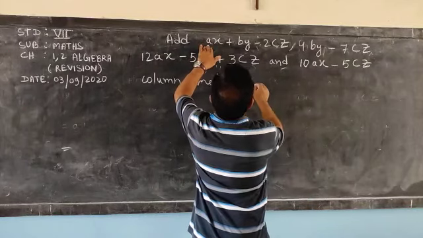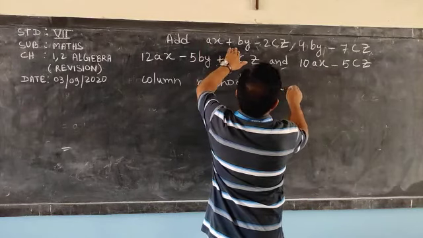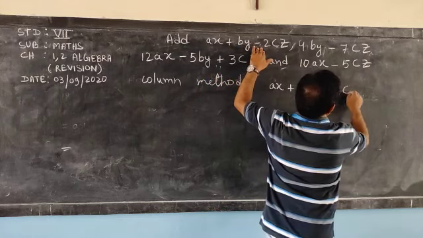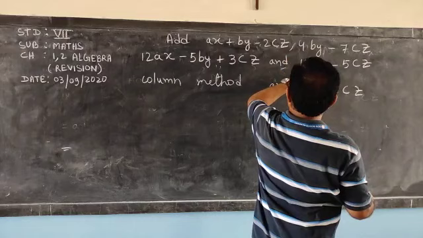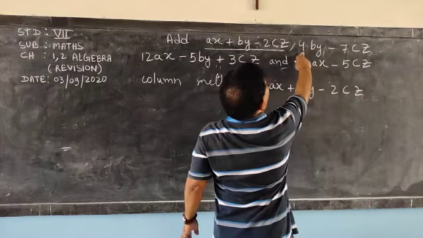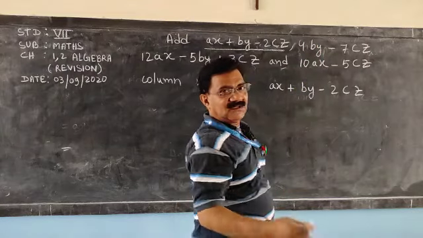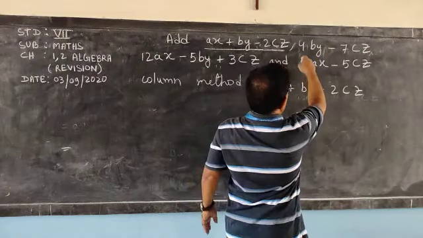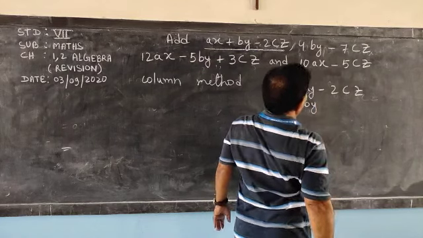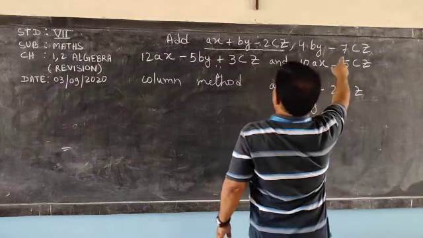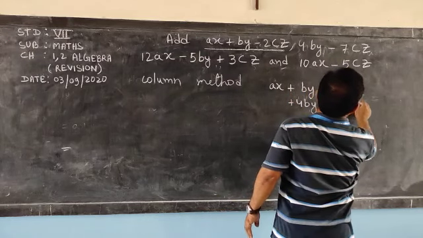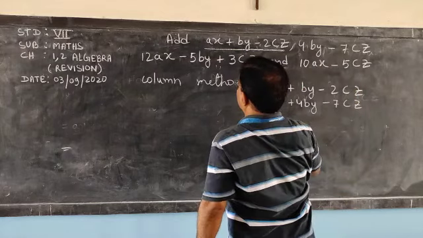First write this one: ax plus by minus 2cz. And first is finished. Second: write with sign just below the like terms. by is this, here write 4by and minus 7cz. So this one is finished.